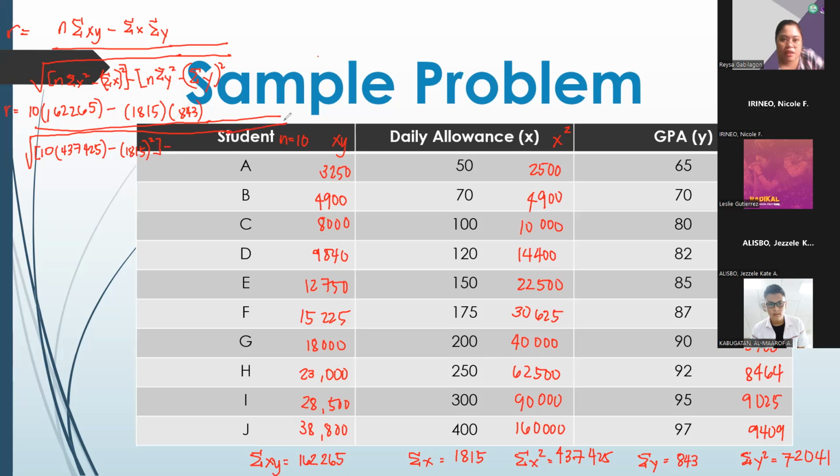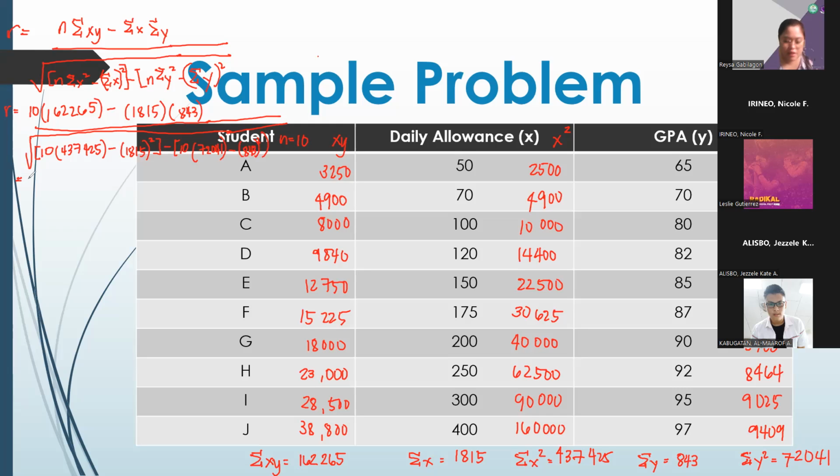I hope you can still see what I am writing on the screen. And then bracket, that's again 10 times the summation of y squared, which is 72,041, minus the summation of y, which is 843. Then we are going to get the square of this.